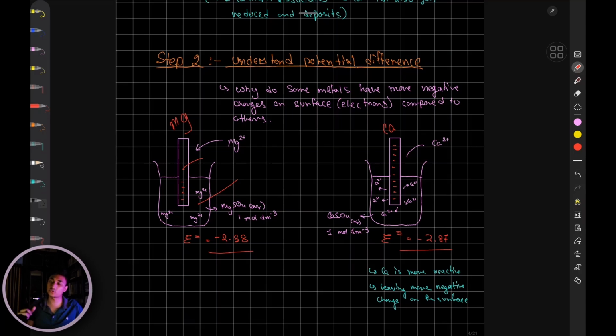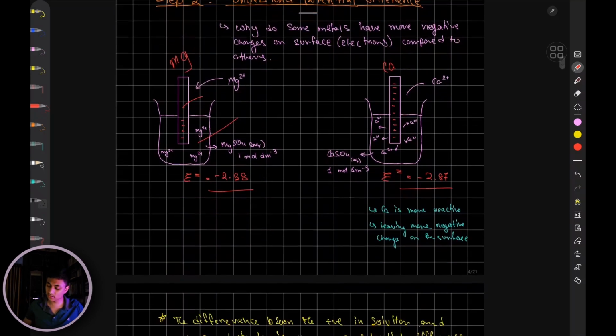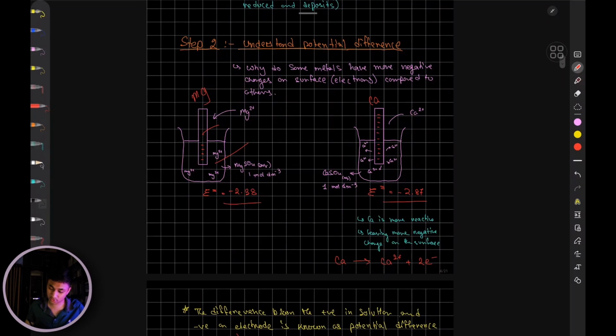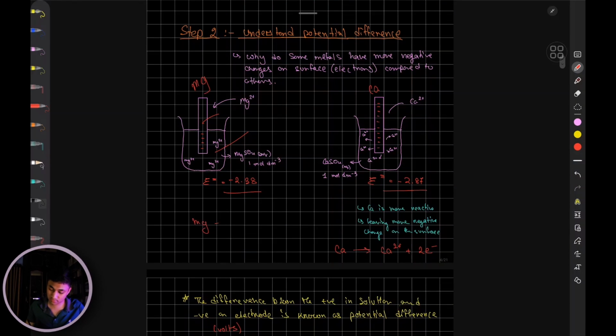That results in a greater half cell potential. Because this is actually a half equation, calcium breaking down into Ca2+ plus 2 electrons. This is also a half equation, Mg breaking down into Mg2+ plus 2 electrons.